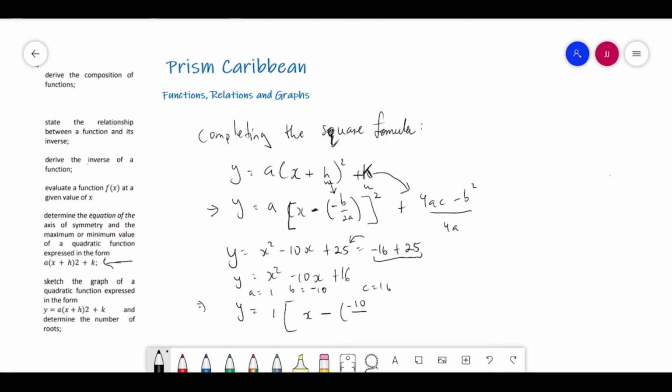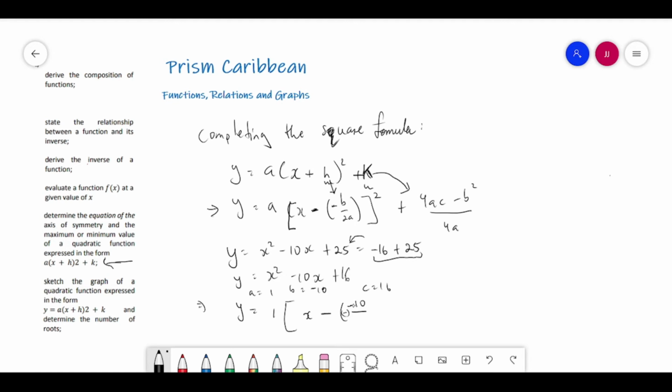So we have a negative here from the formula itself. So we have minus b over 2a.